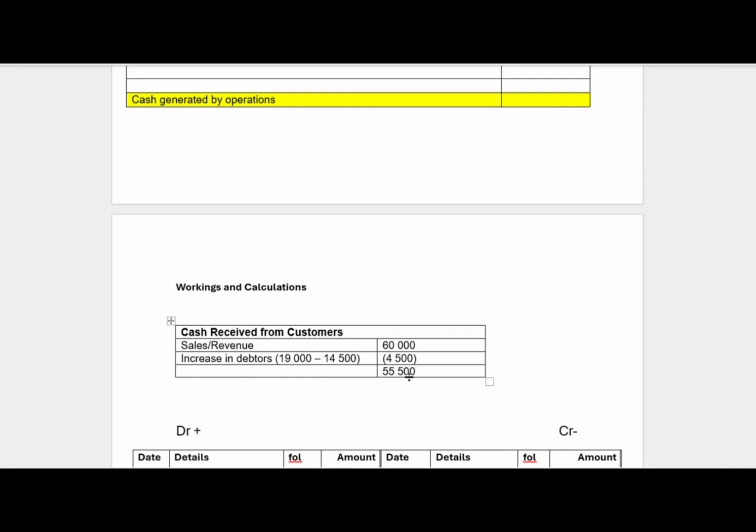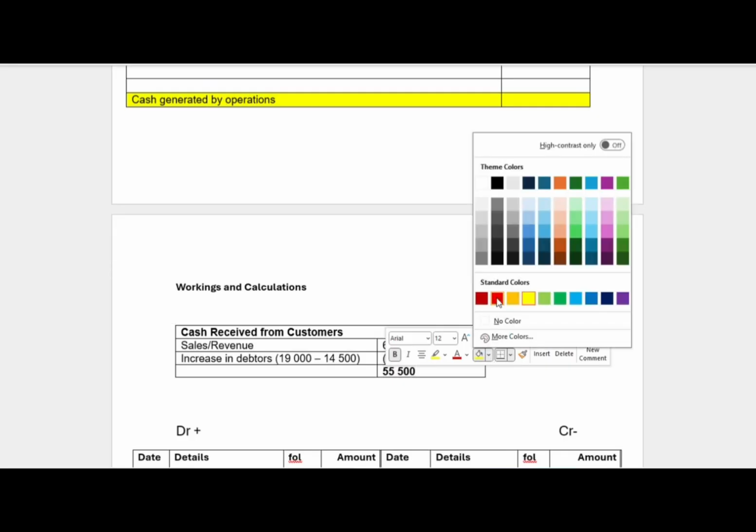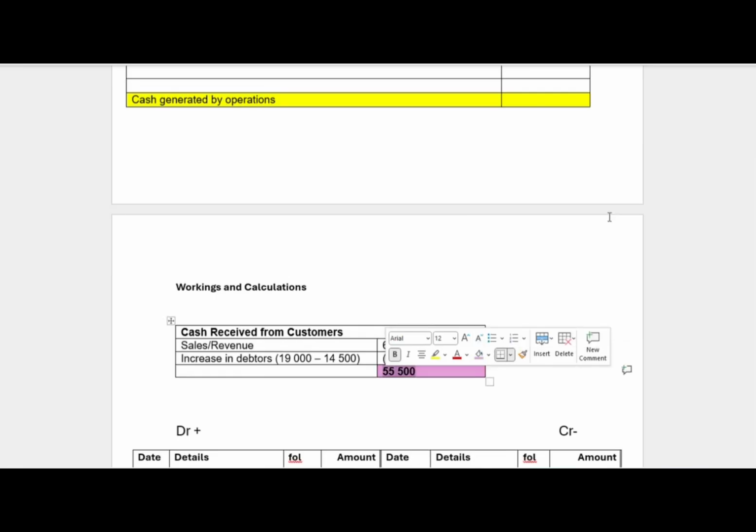That is your cash received from customers.